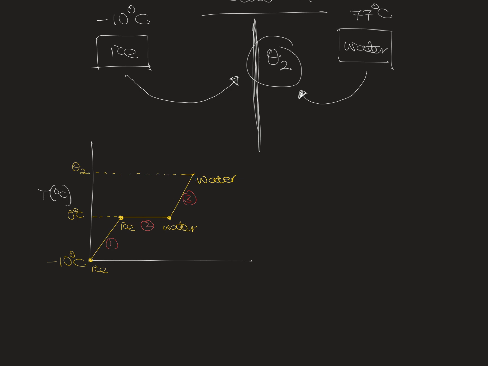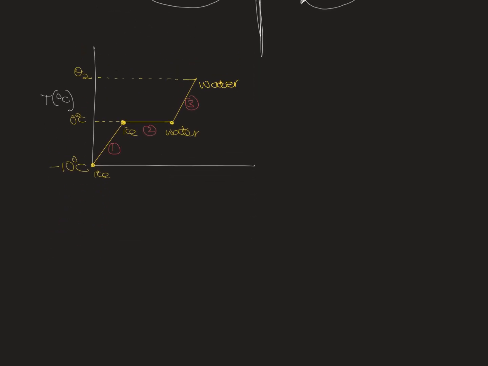So the ice is going to gain heat while going through those 3 stages of transformation. So what can be the equation that we can develop for all the 3 stages? First, for stage 1, we're going to use mass of the ice, the specific heat capacity of the ice, times change in temperature.